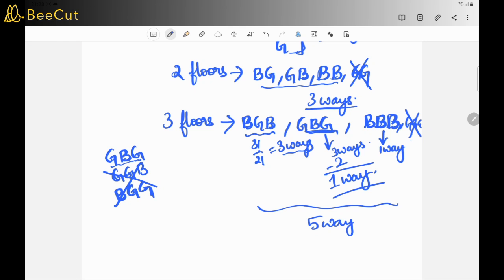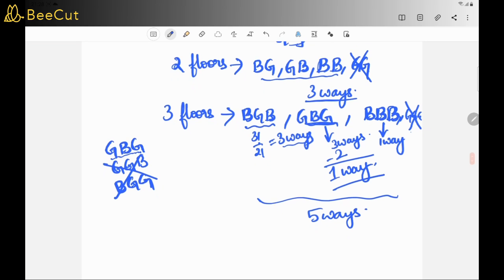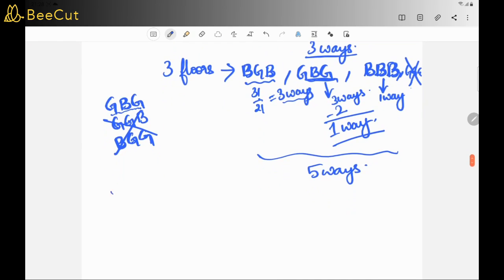Now again a series is being developed. The first term is 2 followed by 3 followed by 5. This we are getting 5 as the 5 ways. Had it had 10 floors, the answer is 144.